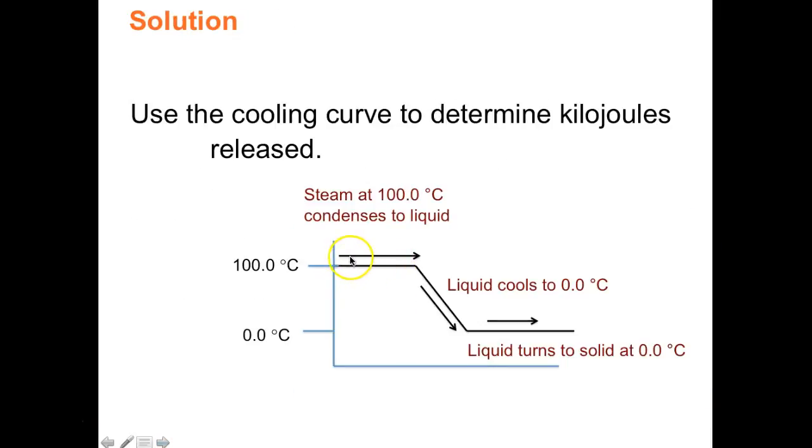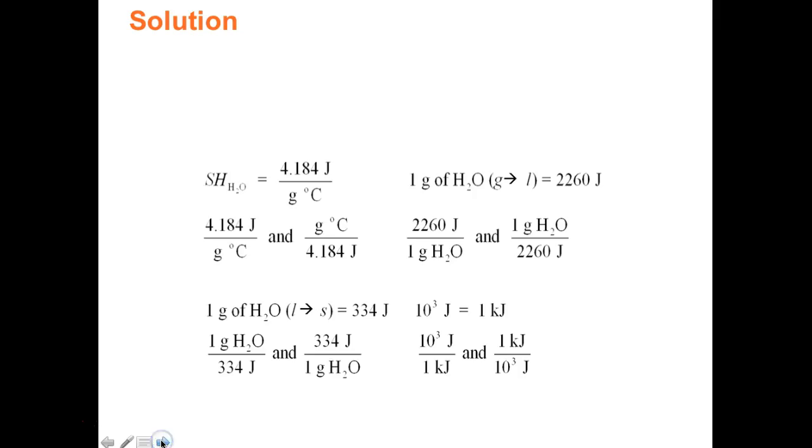Here it's going to be 175 times the 2260, and on this vertical line it's going to be 175 times 100, because it's going from 100 to 0. So times 4.184, and then here it's going to be 175 times the 334. Okay, so these are all your conversion factors.